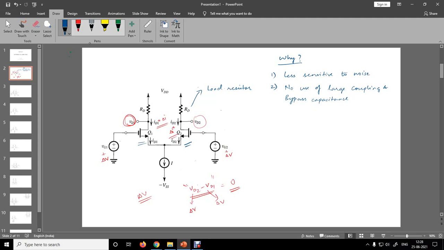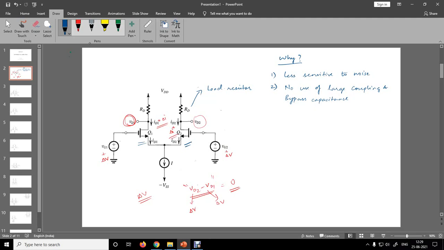But fabricating a capacitance on a chip is a very costly affair. It is not very easy. And if it takes a lot of area, then it is a waste of silicon. So it is always better to avoid, as much as possible, integrating capacitors on top of your ICs.